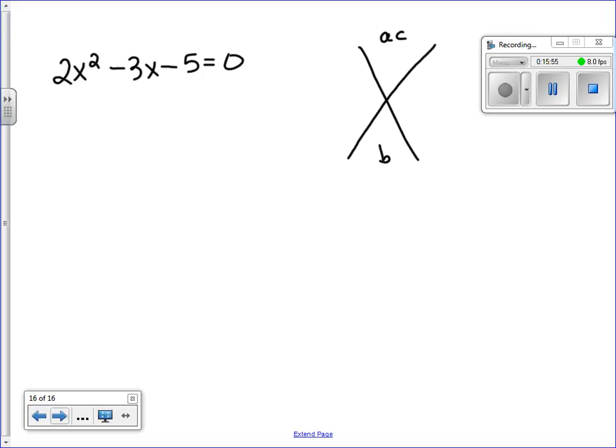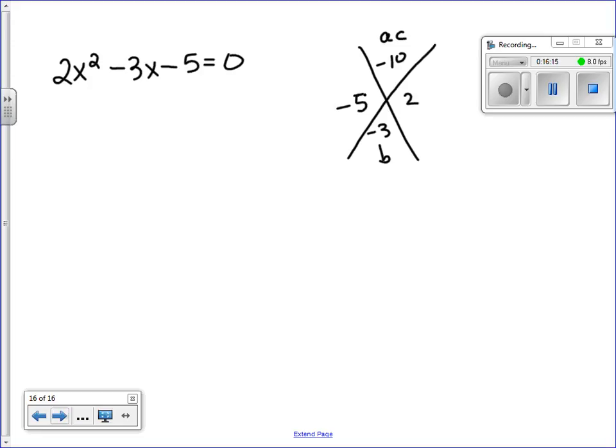What's A times C? Negative 10. What's B? Alright, what are two numbers that when multiplied give me negative 10 and when added give me negative 3? Negative 5 and 2.